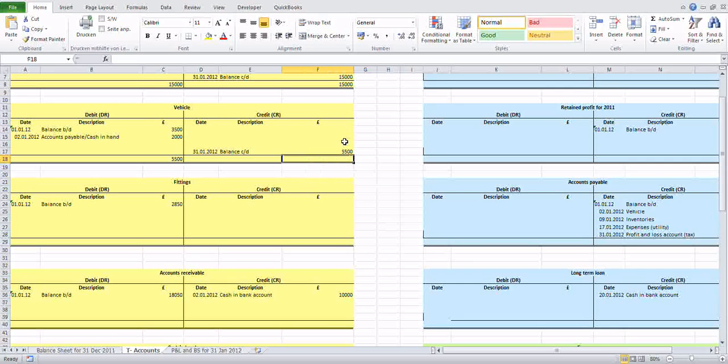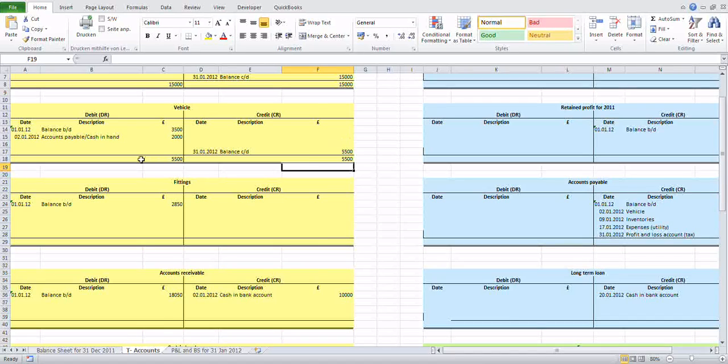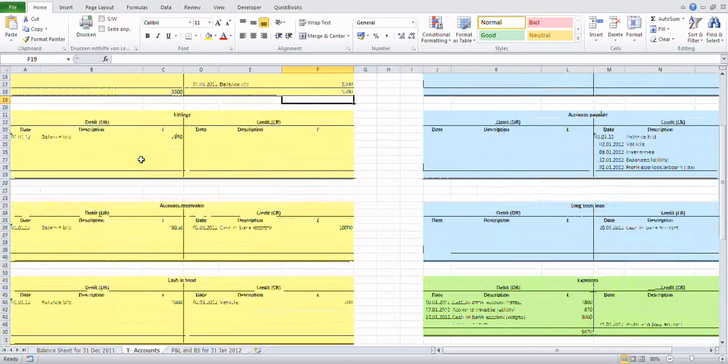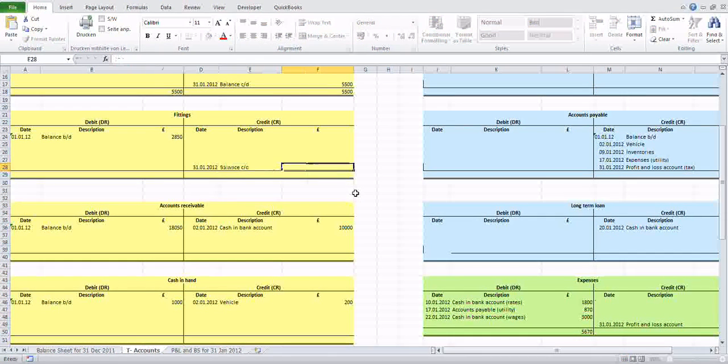Yeah, so this is what we're going to do in the next few minutes. Close the accounts. Fittings for the first. Balance.